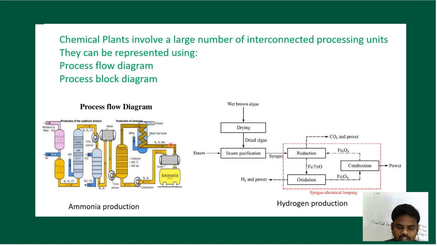So here you can see a process flow diagram of ammonia production. Here you have input, air is entering, right? So what are the different components? There is a step where production of the synthesis mixture is taking place. Then you have a heater. Then a reactor, where ammonia is being produced, and a waste heat boiler.